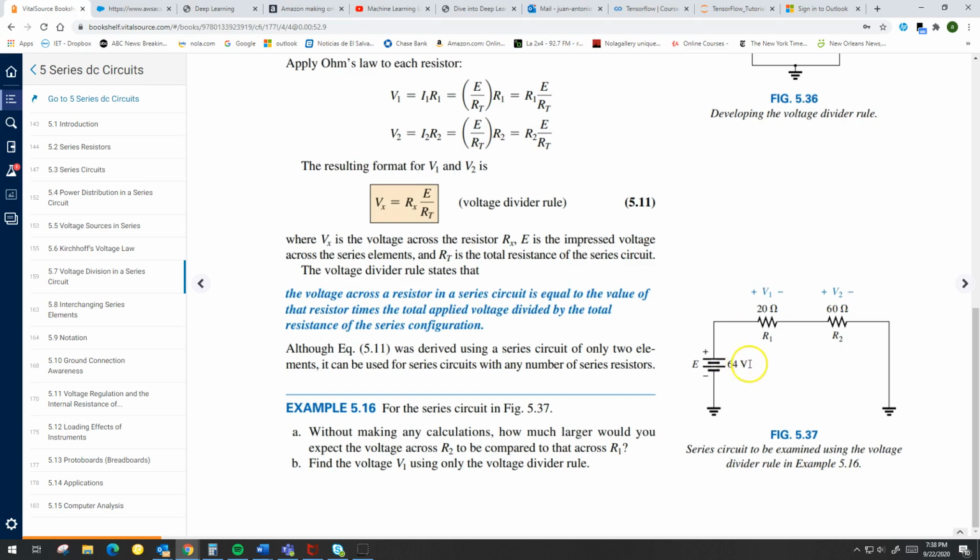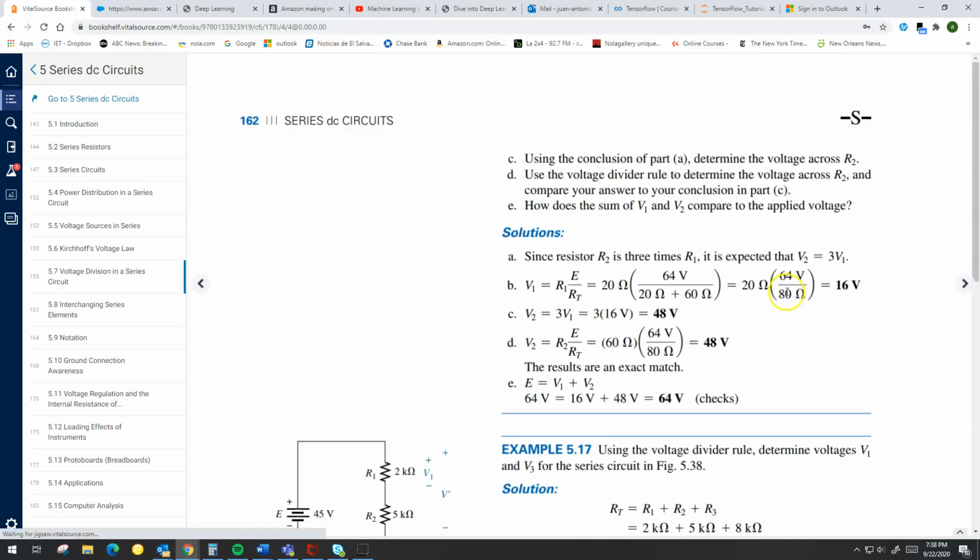Because remember, this is the voltage that's splitting between V1 and V2. Because again, remember by KVL, this voltage 64 is equal to V1 plus V2. So again, V1 will be equal to the resistance next to the voltage you're looking for, 20, divided by the sum, 80, times the voltage that splits, 64. So 20 over 80 times 64.